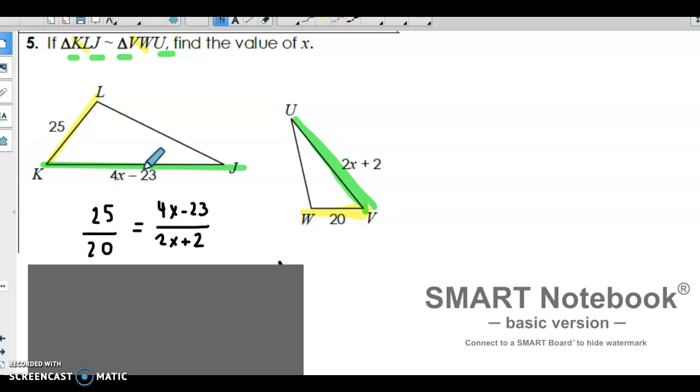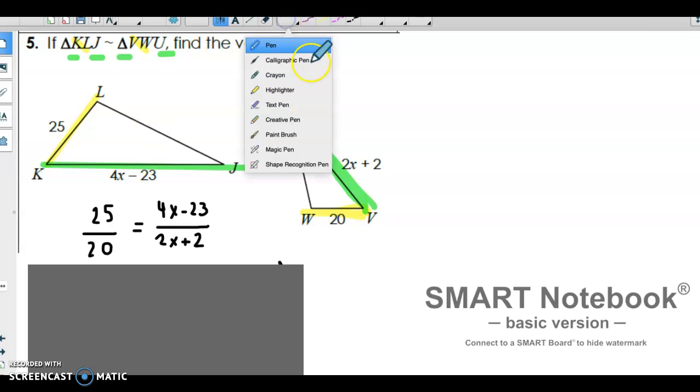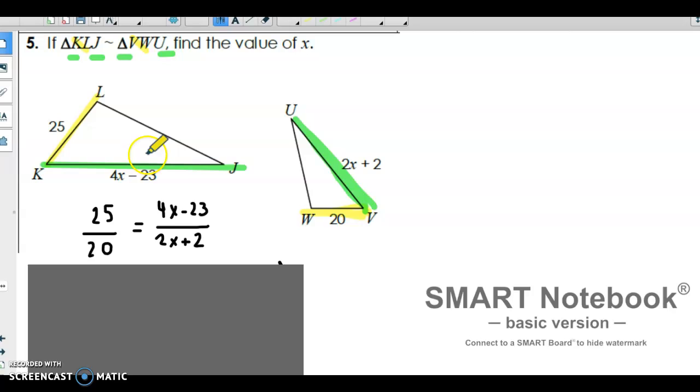The process that we're using is cross multiplication. So we're going to cross multiply, which means we're going to take the numerator of the first fraction, multiply it by the denominator of the second fraction, and then we're going to go the other way. Denominator of the first fraction, multiply that by the numerator of the second fraction.